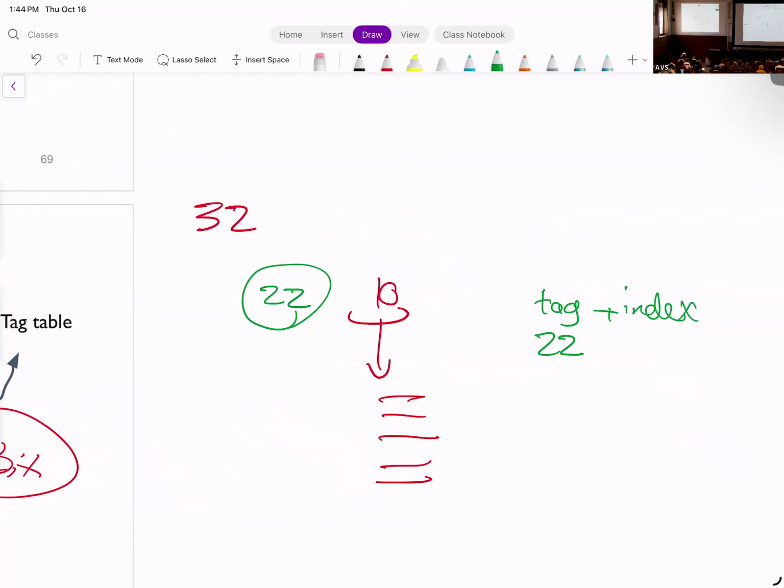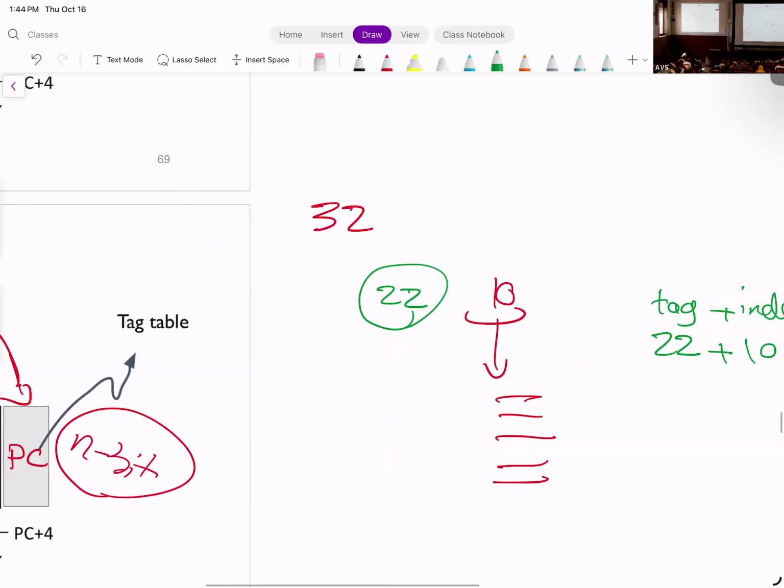I concatenate the tag plus index and I have my 32 bits. So either I can store the entire 32 bits if I want to, but the first 10 bits are already used for the index, so there's no need to store those as well. I already know the index, so I can always concatenate these 2. It's just an optimization that we make to make the tag storage smaller.